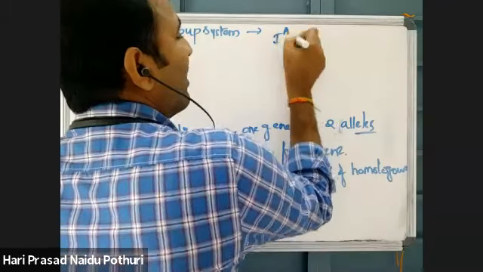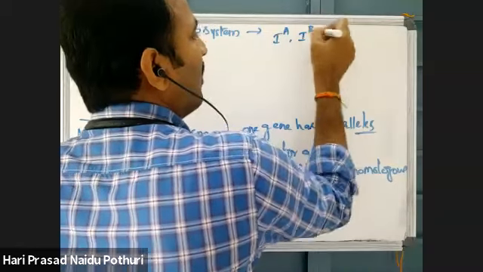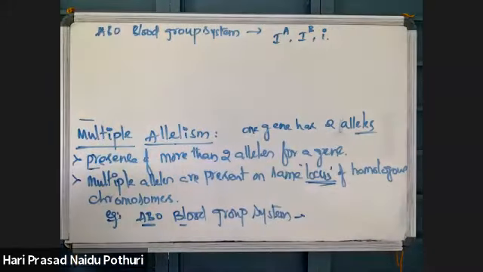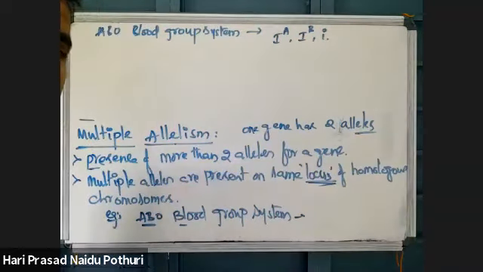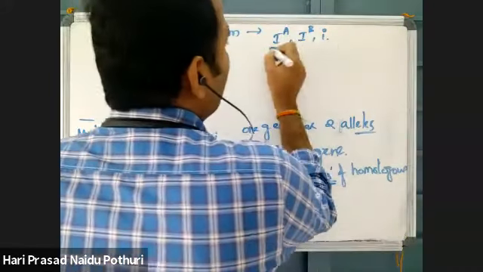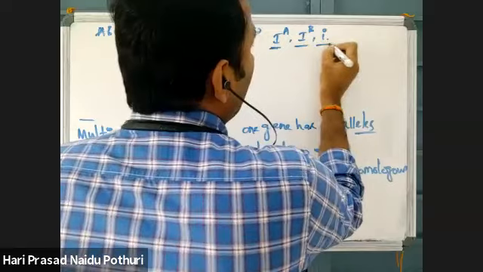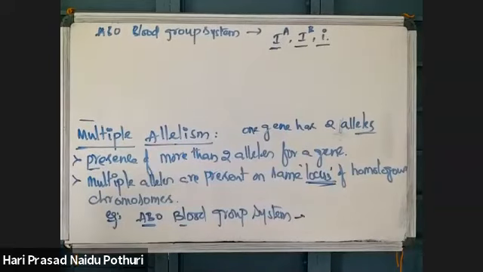I A, I B, and small i. Yes, three alleles, not 6. Three alleles are present: IA, IB and small i.